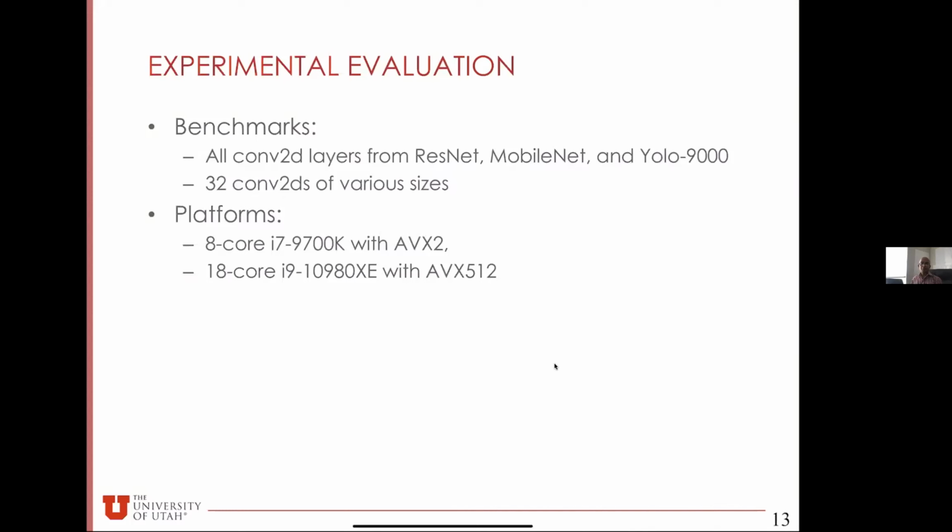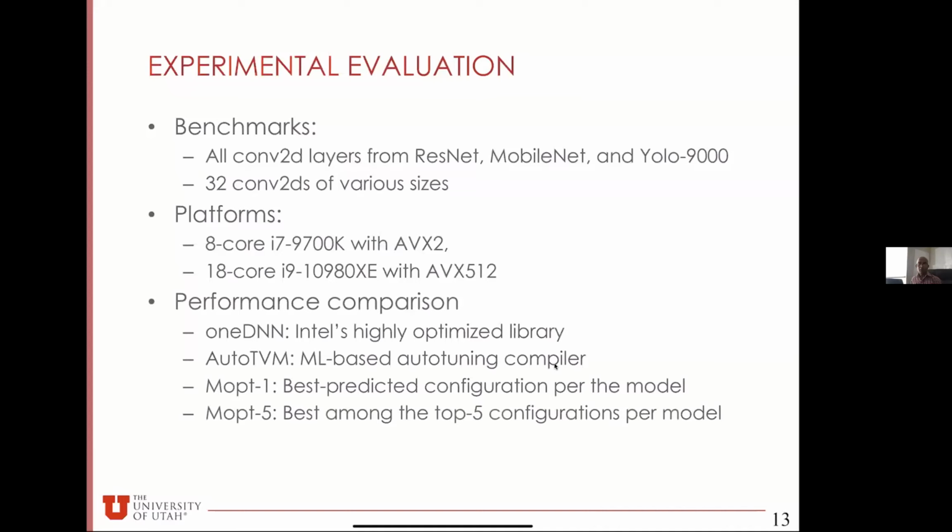And we compare with oneDNN and auto TVM. For that, we run auto TVM using their suggested script for 1,000 iterations to find the best solution that it finds. And in the next slide, I'll show a comparison.